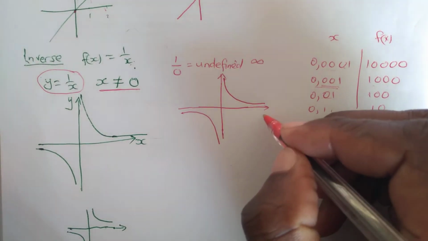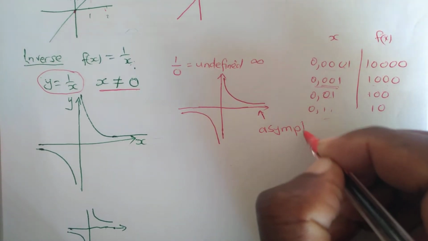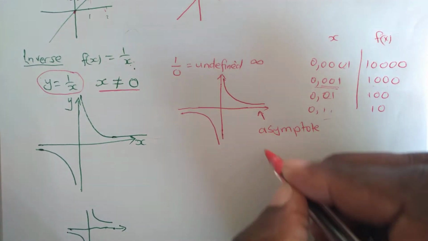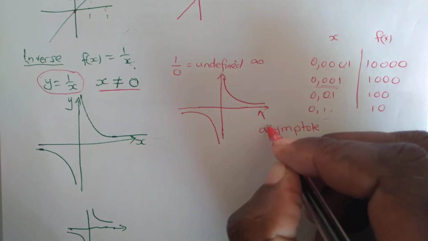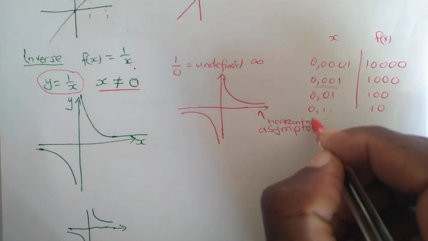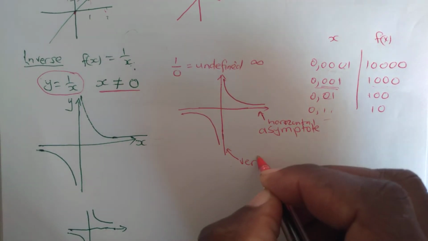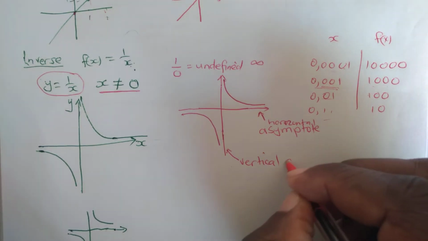And these are called asymptotes. This one is called the horizontal asymptote. This y-axis is called the vertical asymptote.